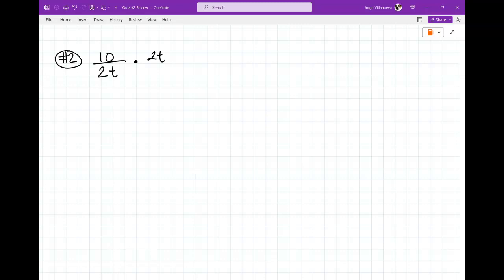But I'm going to tell you to just kind of like pump the brakes on that really quick. Look at the right side. That's a 2t over 1. And diagonally, you guys can cancel that completely, right? 2t and 2t will cancel out. Okay? So all that's left, if I write it out, will be 10 over 1 times 1 over 1, which is basically 10.